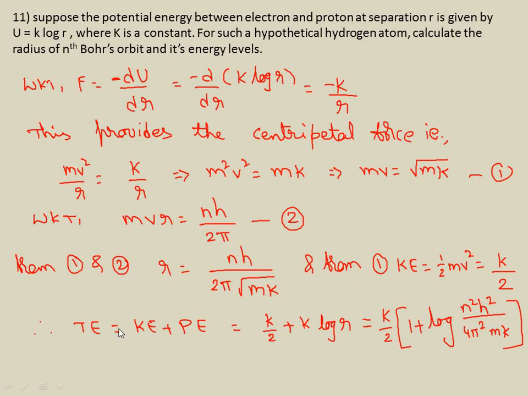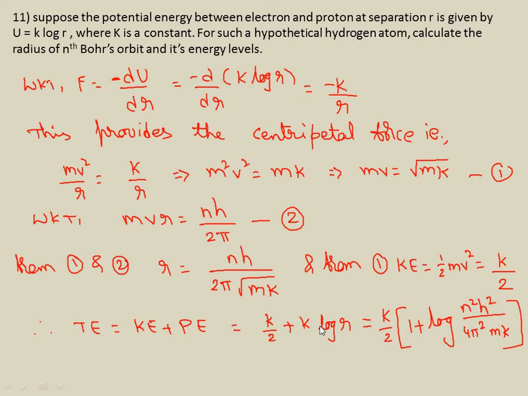Now we have to speak about its energy levels. Energy in the nth orbit is nothing but the total energy, kinetic plus potential. The kinetic energy at that point is k by 2, while the potential energy is k log r, and I have substituted this r value here. Before that, multiply and divide by 2 here. What it will be? k by 2 into 2 log r.